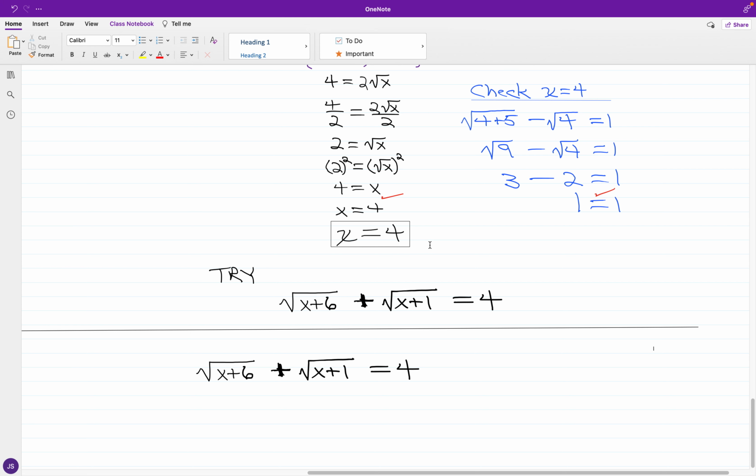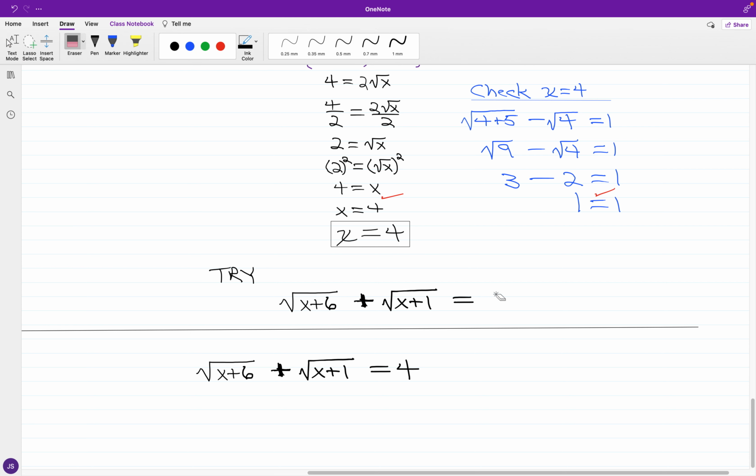Okay, for this radical equation, here we have the square root of x plus 6 plus the square root of x plus 1 is equal to 4. And I tell you what, it just happened to hit me, if I can do my math right, we'll say it's equal to 5. Sorry about that.